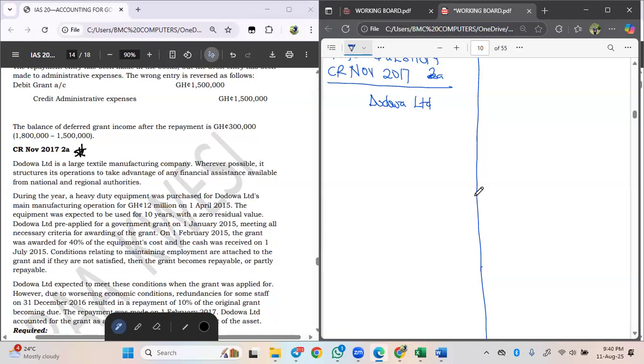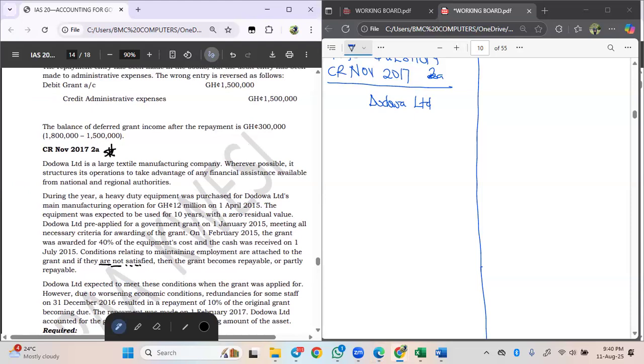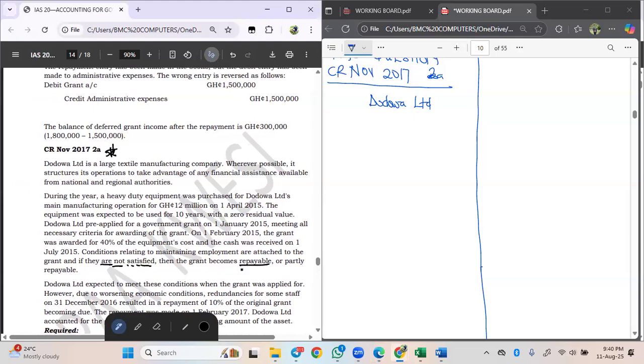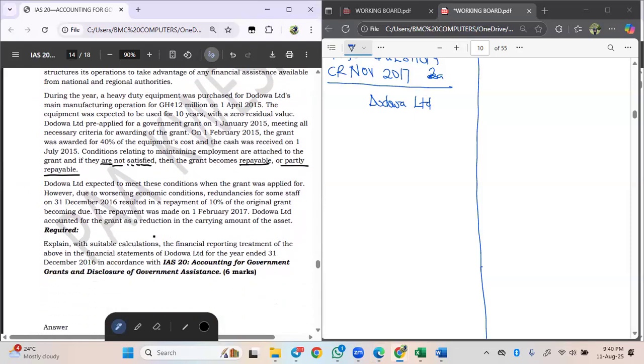Conditions relating to maintaining employment are attached to the grant, and if they are not satisfied, then the grant becomes repayable or partly repayable. Dodowa Limited expected to meet these conditions when the grant was applied for.